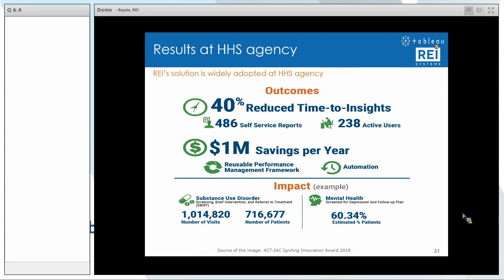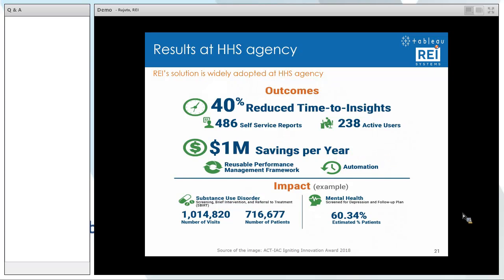One of the major outcomes of our implementation within an HHS OpDev was a 40% reduced time to insights, which was a result of over 238 agency staff using self-service analytic capabilities to generate insights on their own and significantly reduce the dependency on IT support staff. $1 million savings resulted from the reusable aspects of the framework and automation tools applied at different stages.